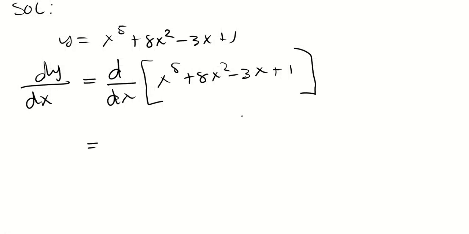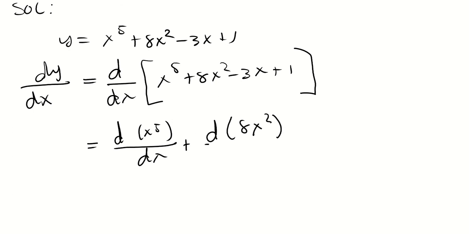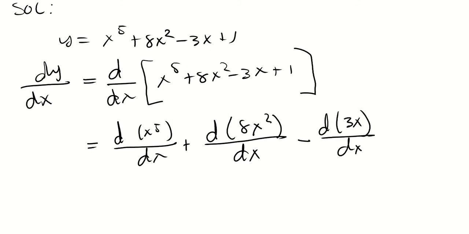So this is just equal to the derivative of x raised to 5 with respect to x plus the derivative of 8x squared with respect to x, then minus the derivative of 3x with respect to x, and plus the derivative of 1 with respect to x.